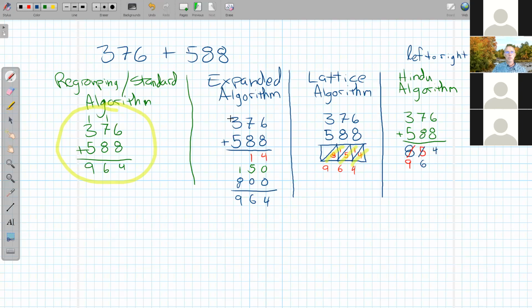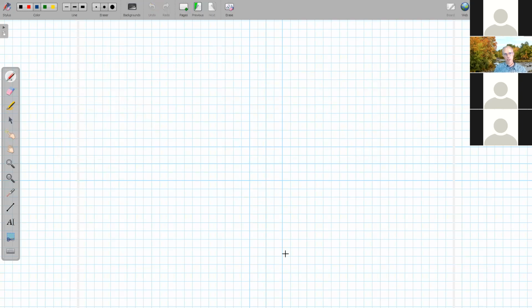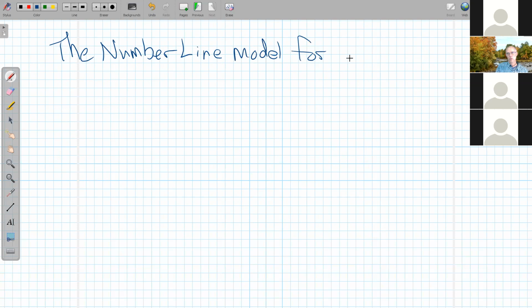All right, let's see. Let's back up a second to look at models again. So we did what was called the set model. Another model for addition is the number line model. And anytime we have a model, we got to state, okay, what is a number in this model and what does it mean to add in this model?